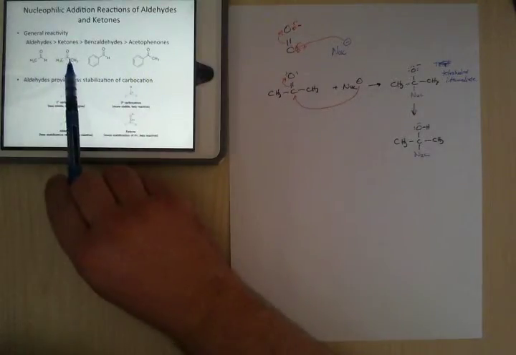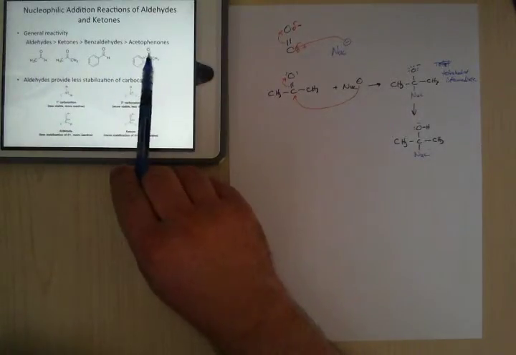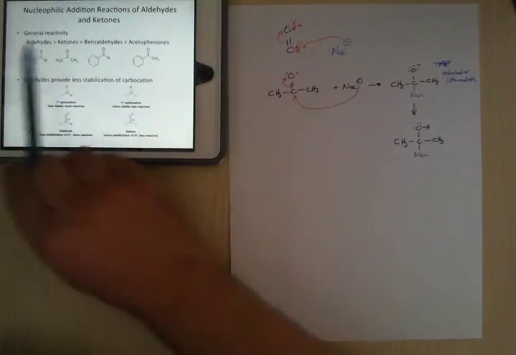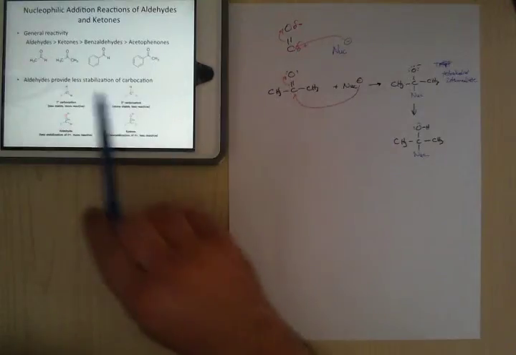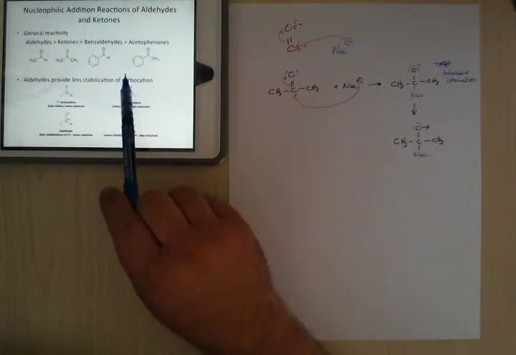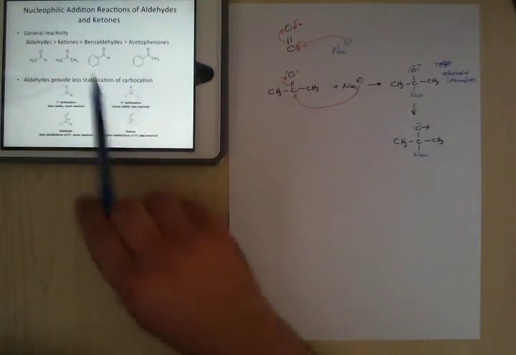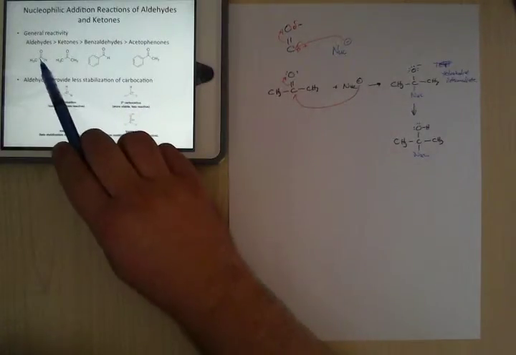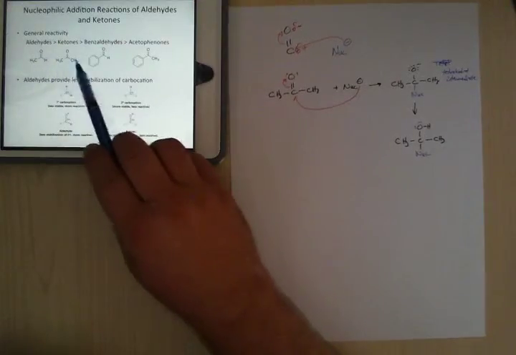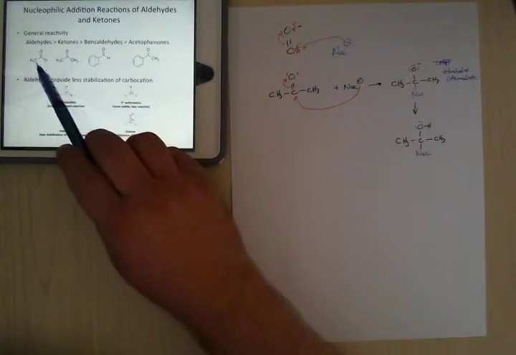So it's aldehyde, then ketone; that's basically the trend. But regular alkyl aldehydes and ketones are going to be more reactive than their benzene cousins. You can sort of think about this as primary versus secondary, so this is going to be more reactive.